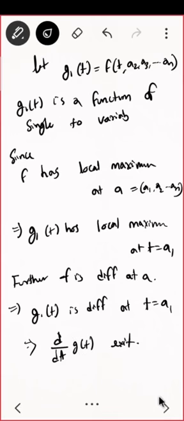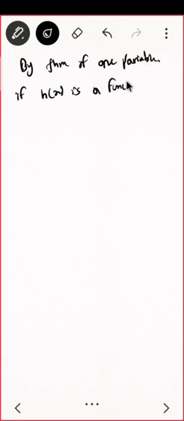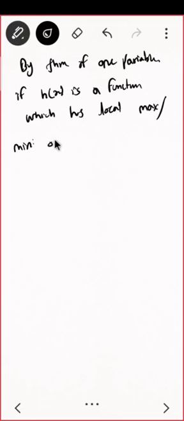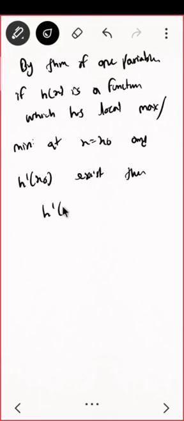So let us say by the theorem of one variable, what is the theorem? If h of x is a function which has a local maximum or minimum at a point x equal to x naught and the derivative h dash of x naught exists, then what do we say? h dash of x naught will be 0.